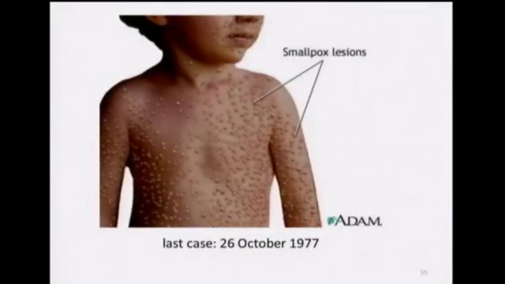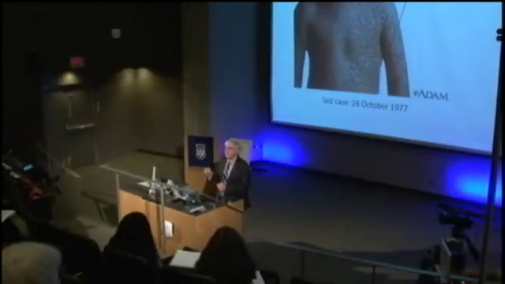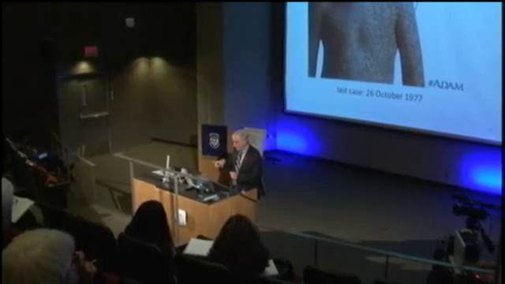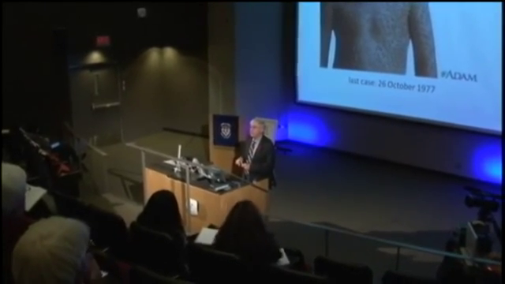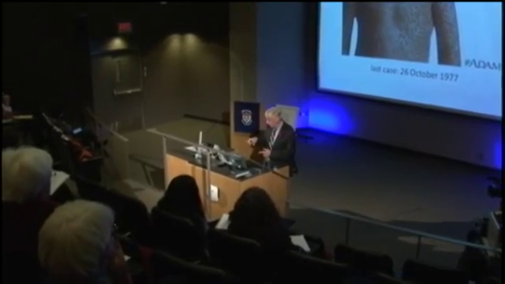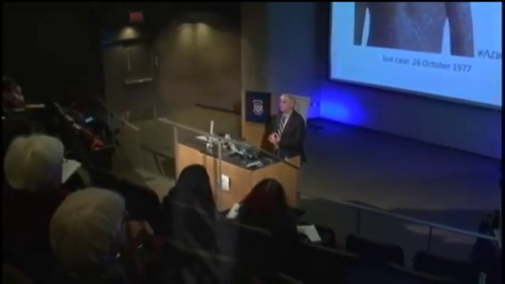The last case of smallpox on the planet occurred in 1977. Now that's a little bit of a lie, because since then the smallpox virus is still kept in a few labs over the planet, so the virus caused a few infections around those labs, in workers. But what we can call natural cases of the disease, that was the last case.